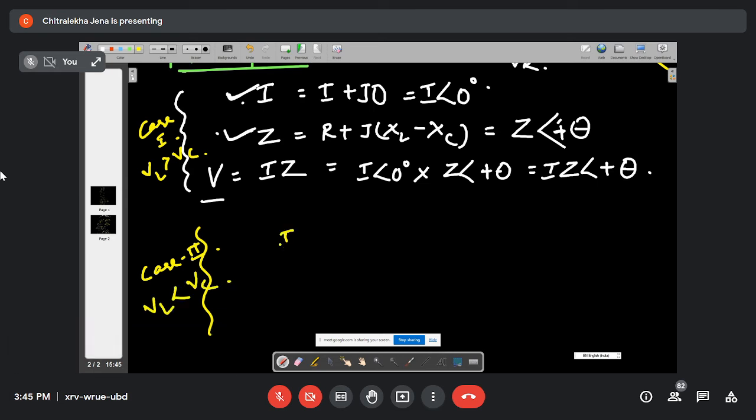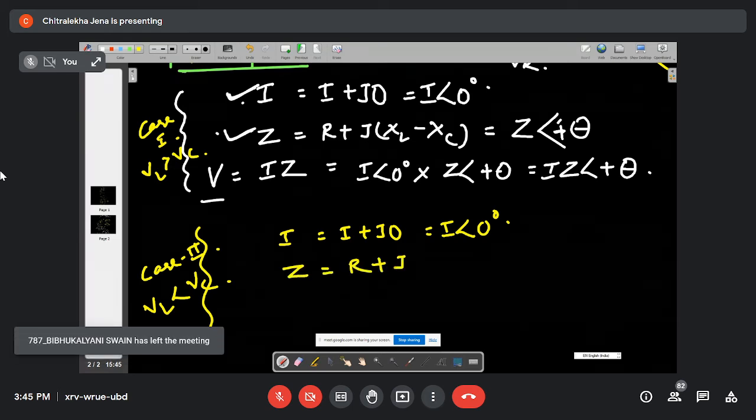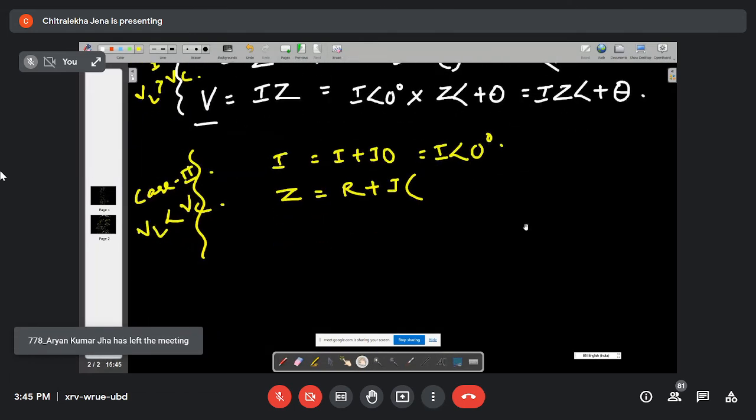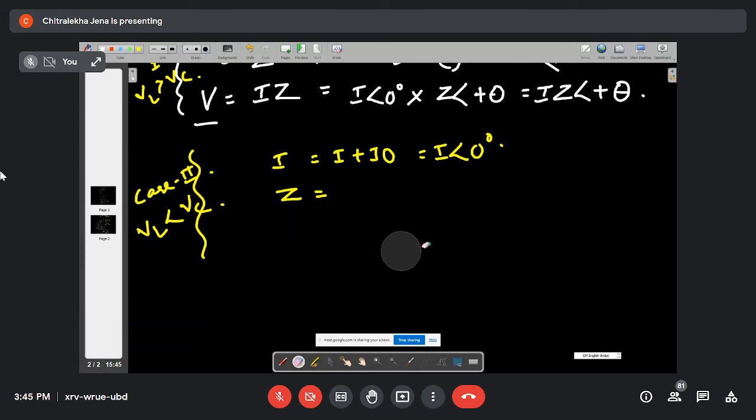Then my current is I plus J0, that is I at an angle 0 degree, same thing. Z will be present at an angle; Z value is R plus J or minus J, how much? Now apply your brain and tell me.